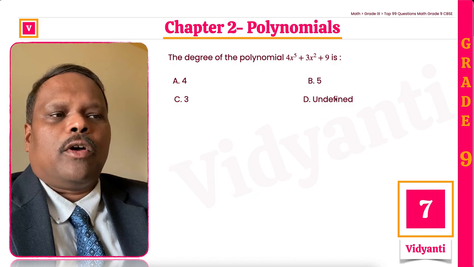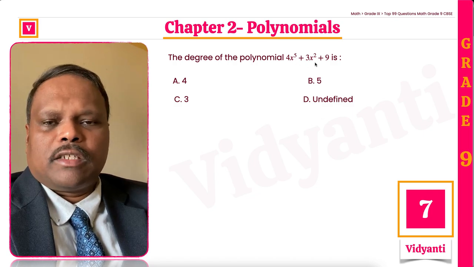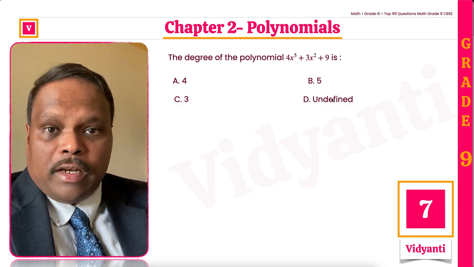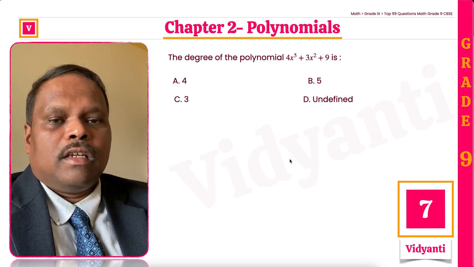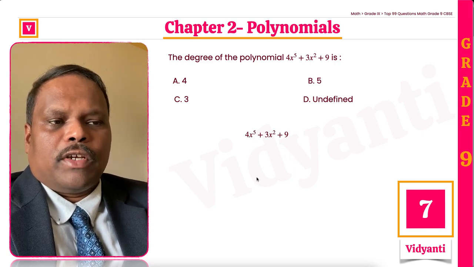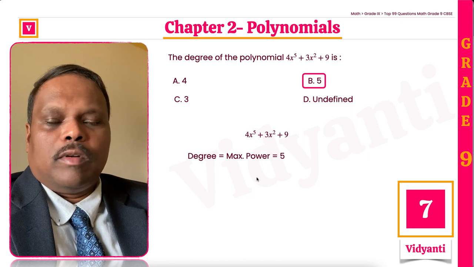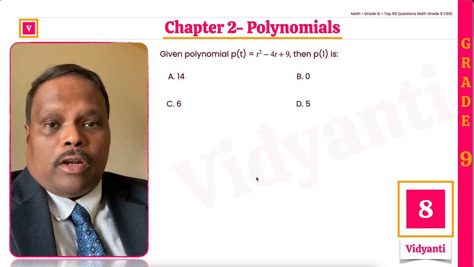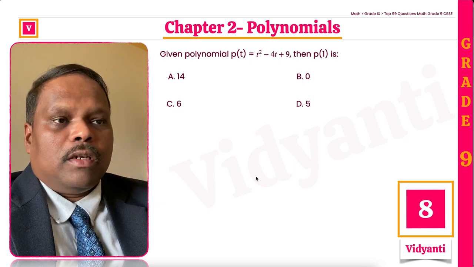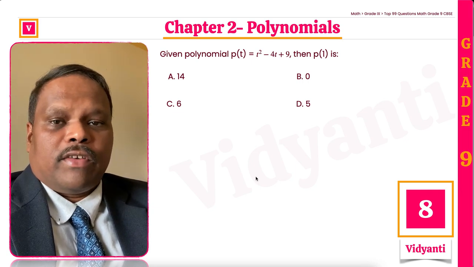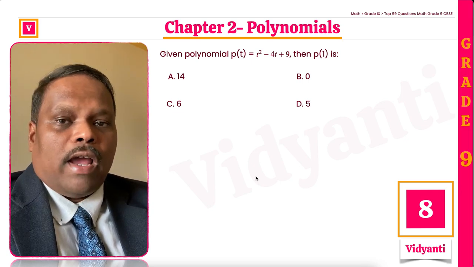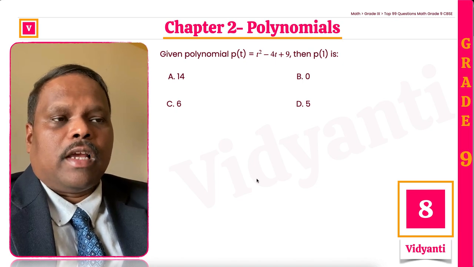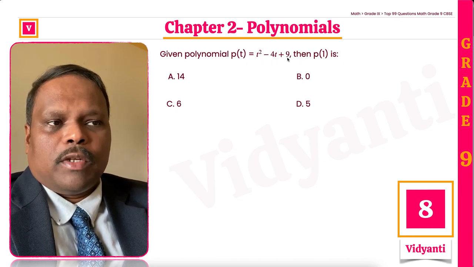The degree of the polynomial 4x raised to 5 plus 3x square plus 9 is, now the degree is the maximum power of x. Here the maximum power of x is 5, so the degree will be 5. Given polynomial p(t), which is a polynomial as a function of t, we can write it as f(x) or f(y) or p(y), p(t), like this one. t square minus 4t plus 9, then p(1).